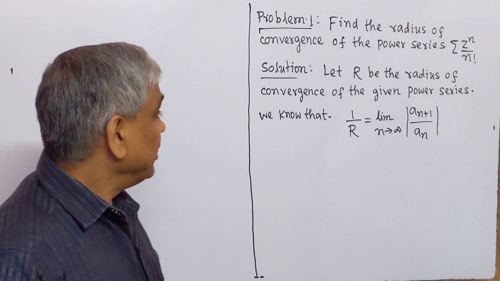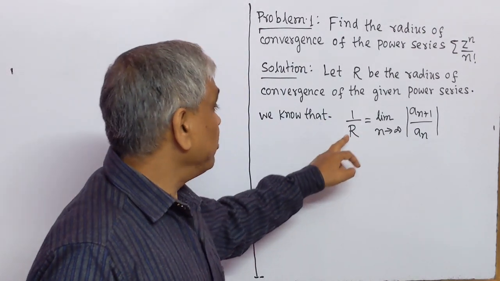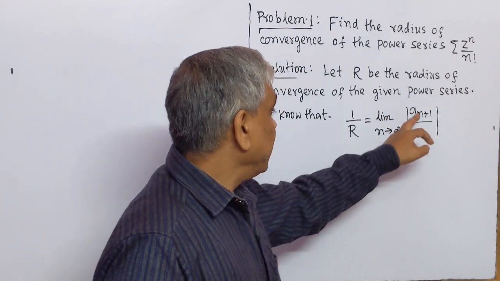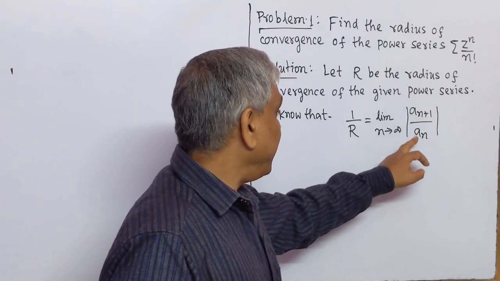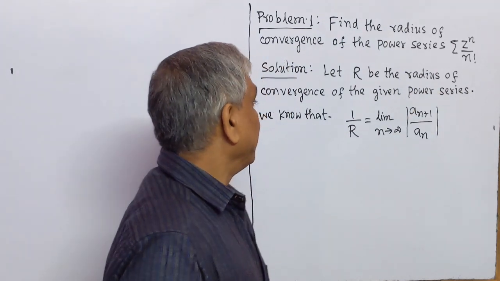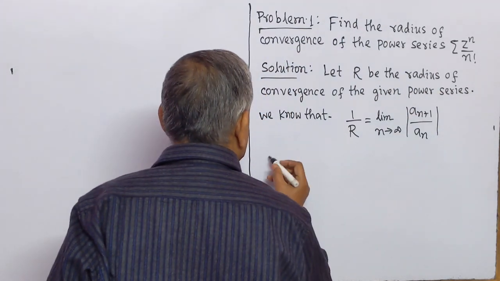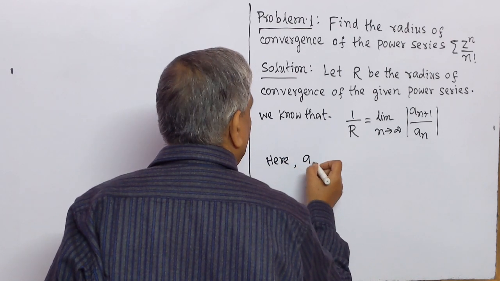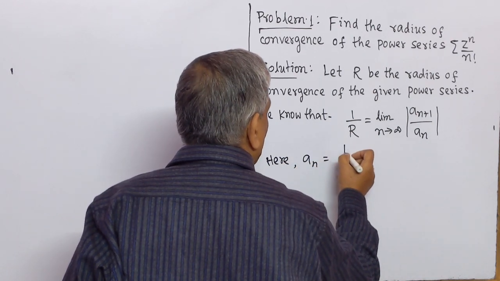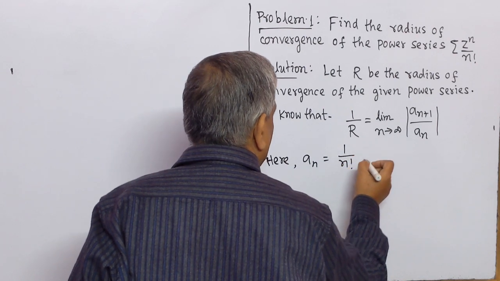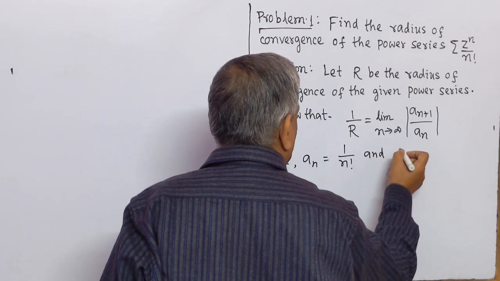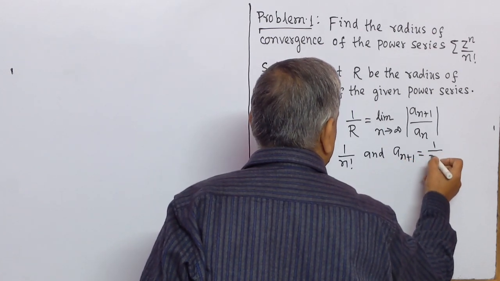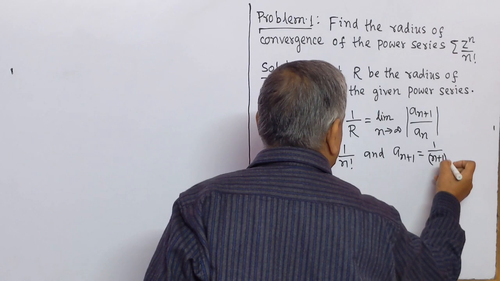We know that 1 by R equal to limit n tends to infinity modulus of a n plus 1 by a n. Here a n equal to 1 by factorial n and a n plus 1 is 1 by factorial n plus 1.